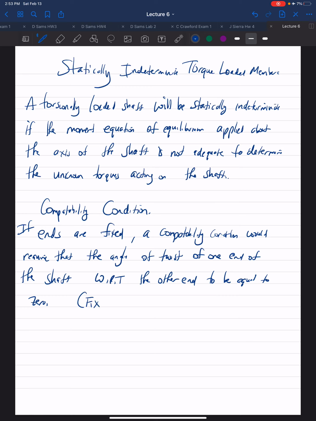This is an example of a compatibility equation for fixed end supports.